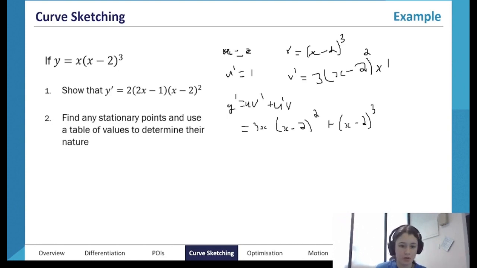The similar element I can see is that here we have an x take 2 squared, which is factorized out. So I'm going to factorize out the x take 2 squared firstly.